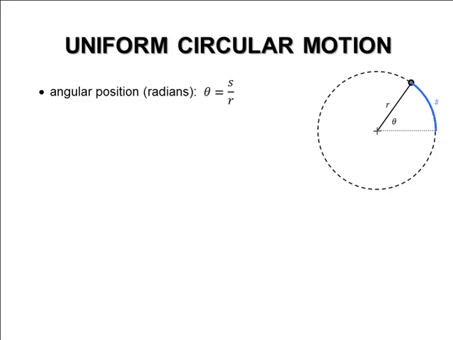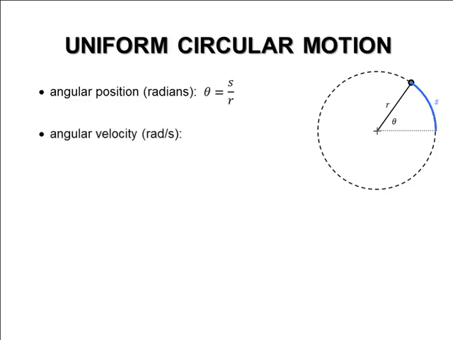It's the arc length divided by the radius. So radians are a very natural unit for measuring angular positions because they represent a ratio of 2 very meaningful distances. The arc length, the actual distance traveled along the circle, divided by the radius of the circle itself. So that'll describe where the particle is as it moves around in a circle.